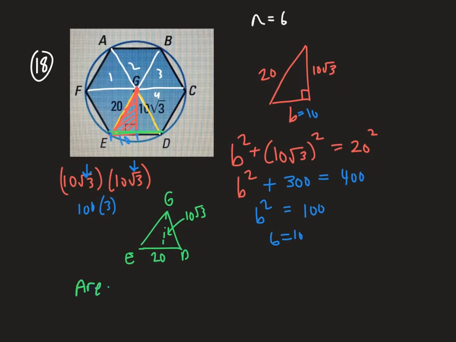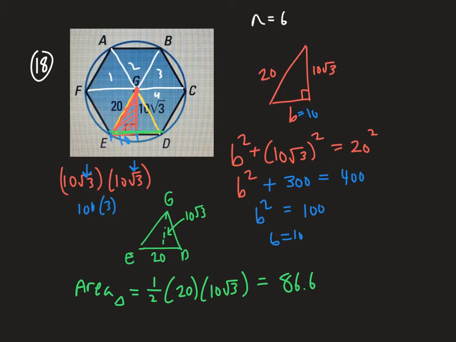So the area of each triangle is 1/2 times the base, which was 20, times the height, which is 10 root 3. If we calculate that out, the area of each triangle is around 86.6 square units, whatever the unit might be.